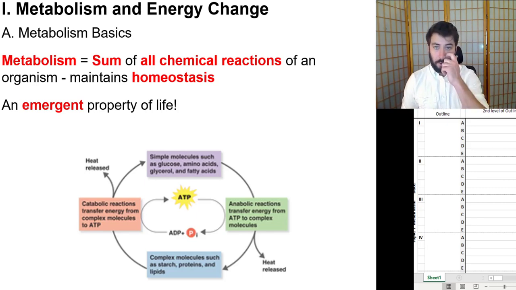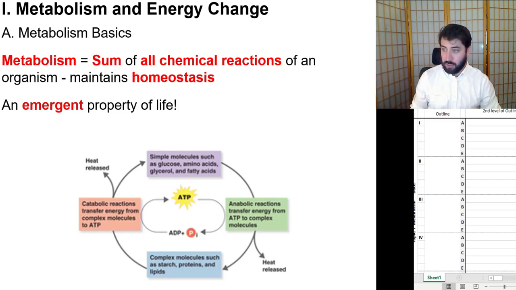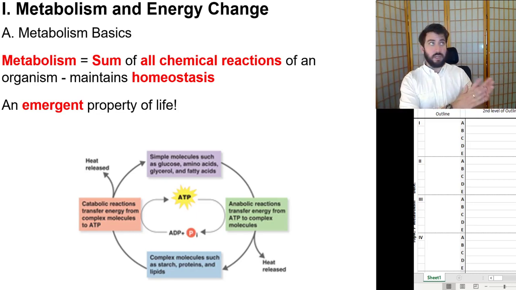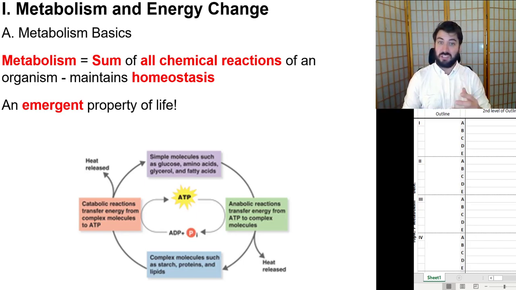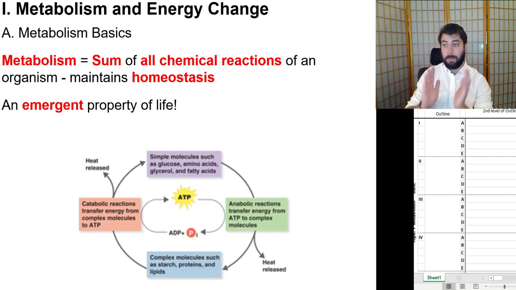We're talking about all types of different reactions: the ones involved with breaking down macromolecules like cellular respiration, ones that are building macromolecules like photosynthesis, and also things like DNA replication and production of enzymes. Well, I guess that's kind of building macromolecules, but you get the idea, right? So all the different processes together add up to metabolism.